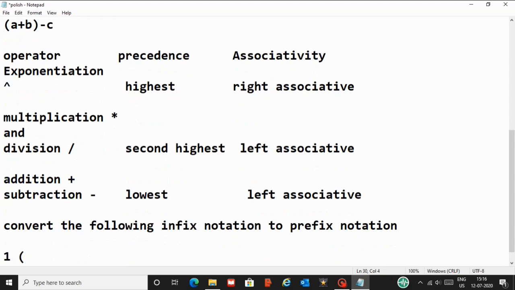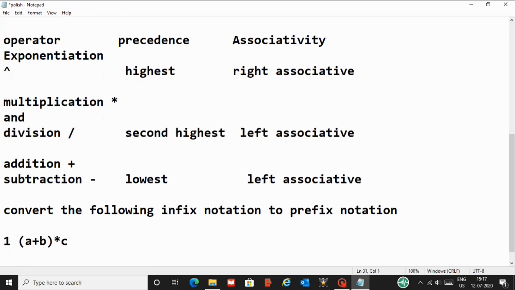Fine. (A plus B) into C. This is the infix notation you have and you need to convert it into prefix form. So what should be done here? First check for the priority. The brackets have the highest priority. So I will do A plus B first.